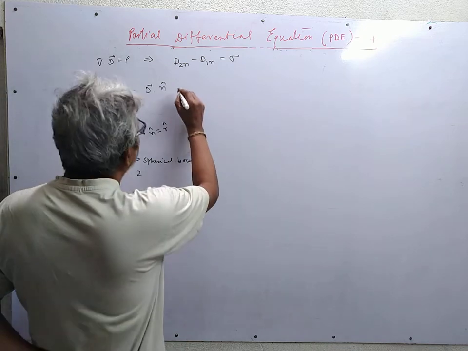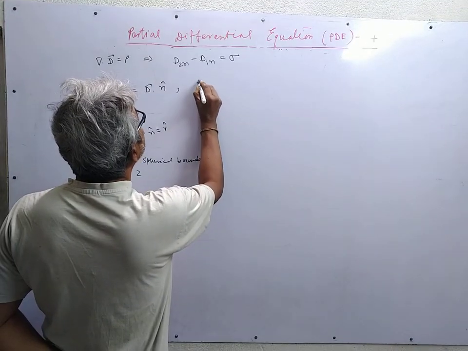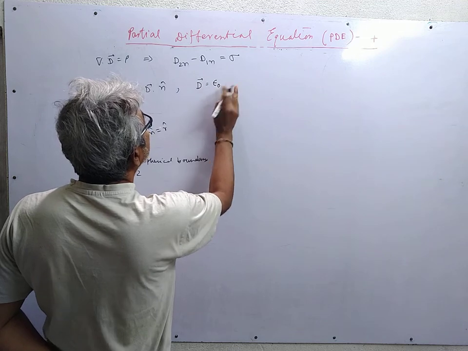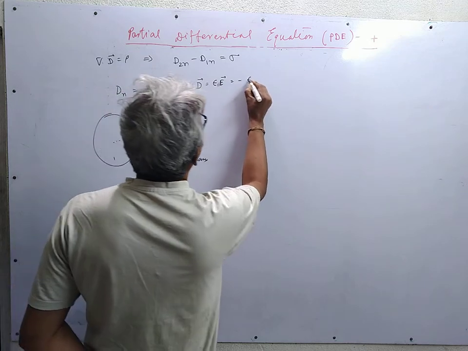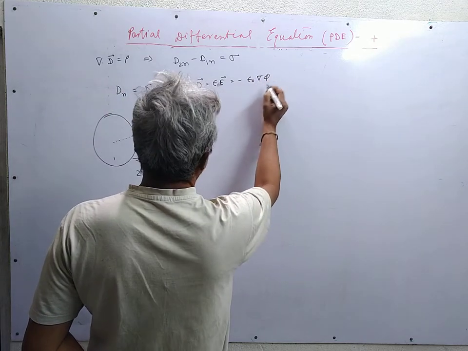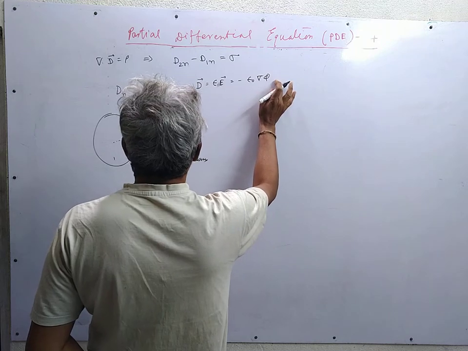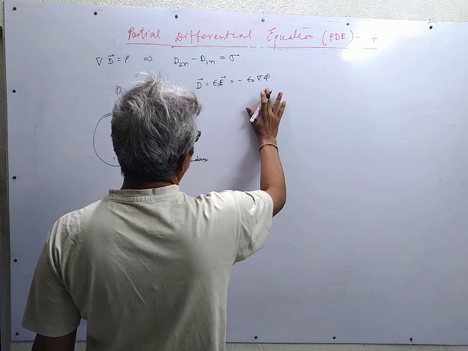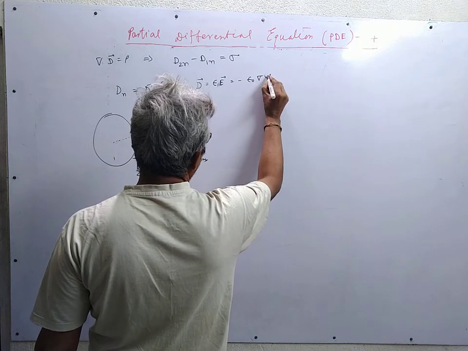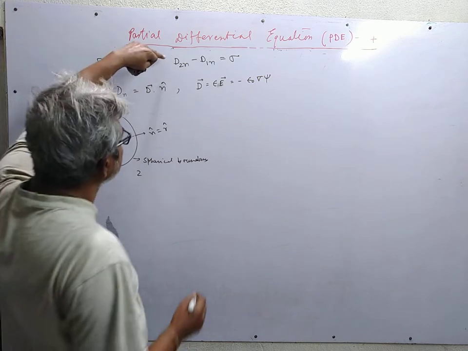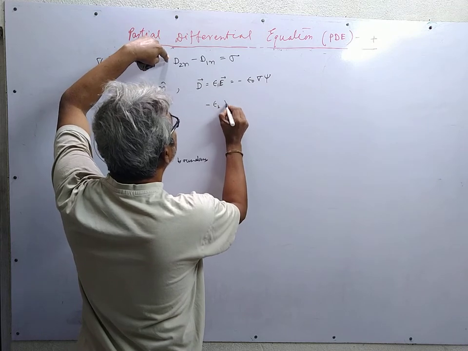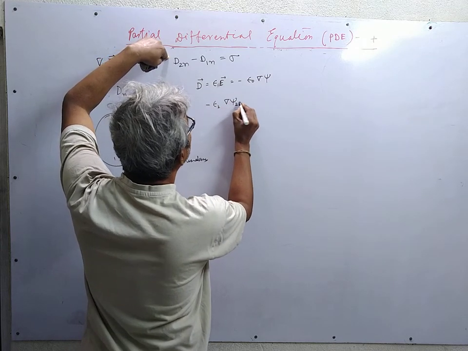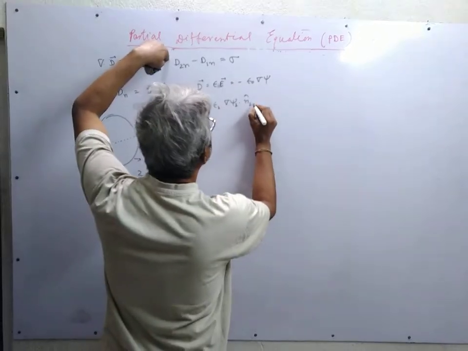And furthermore, D is given by epsilon E, which is equal to minus epsilon grad phi, where phi is the electrostatic potential. To avoid confusion with the angle phi, we use this one. So this condition becomes minus epsilon 2 grad phi 2 dot n2.